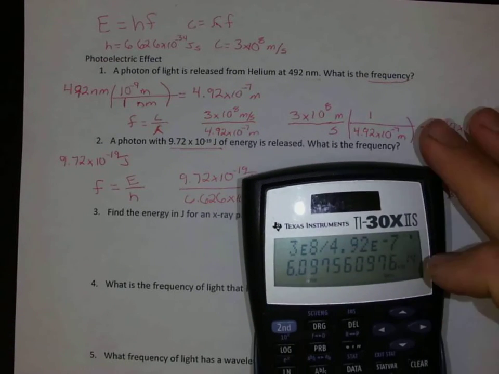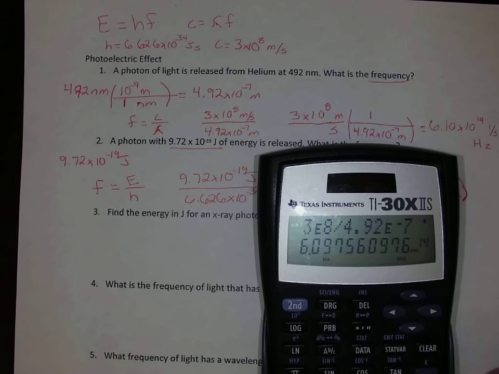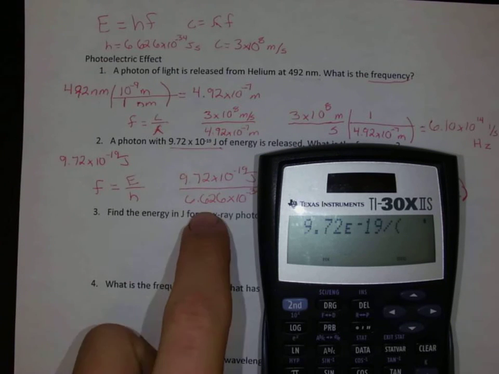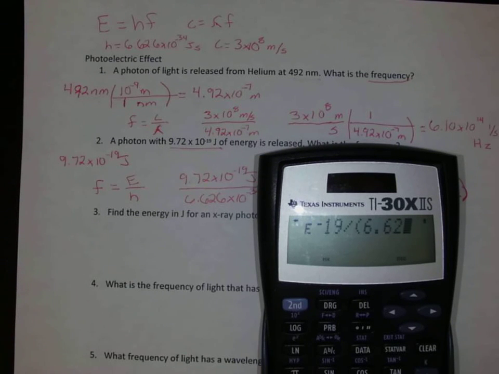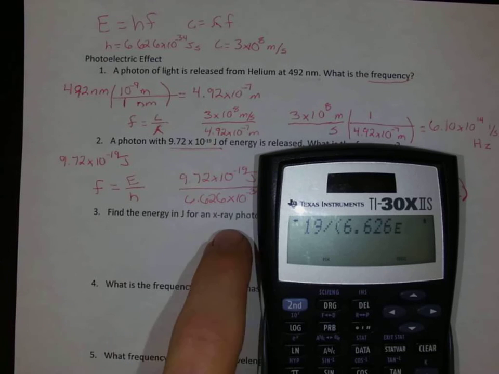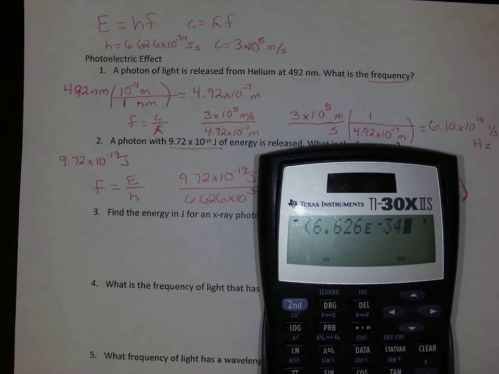Then if I come onto my calculator here, let's see if we can get this to be seen. There we go. So I take 9.72 times 10, I'm going to do my EE button there, times 10 to the minus 19th, and then I'm going to divide it by, I'm going to put this in parentheses, 6.626, again use my EE, times 10 to the minus 34th, put the parentheses at the end.